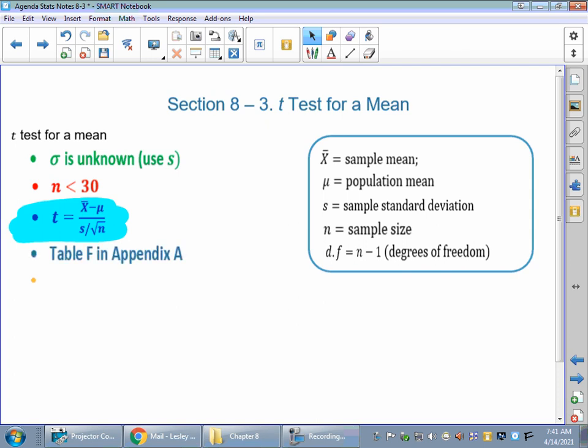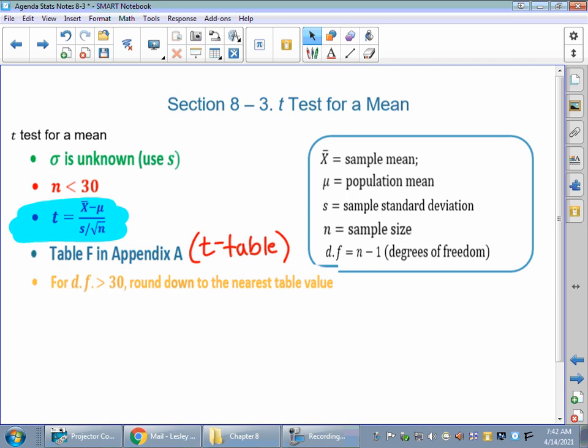We are going to go to table F in Appendix A. That is our T table. My students, you've probably got a golden colored sheet with your T table on it, right? So you have that. It's also in the back of the book. I can't remember what page, 790 or something like that. And somebody pointed out to me recently, we have so many rounding rules.